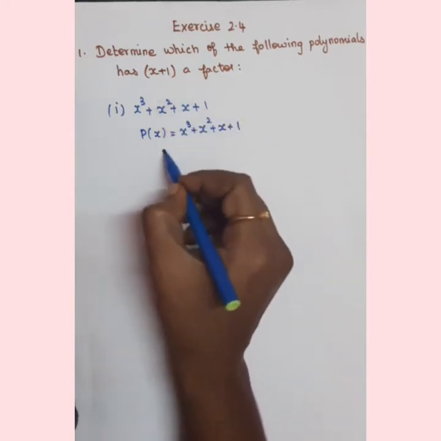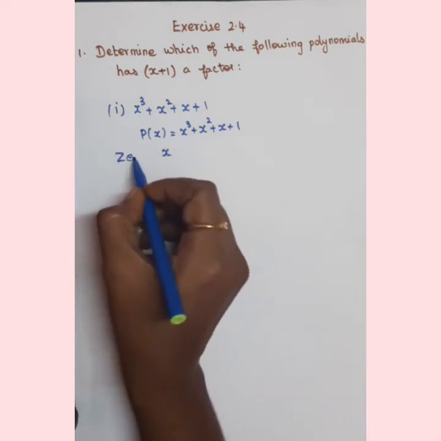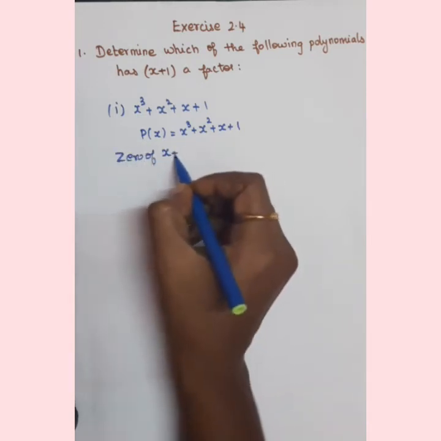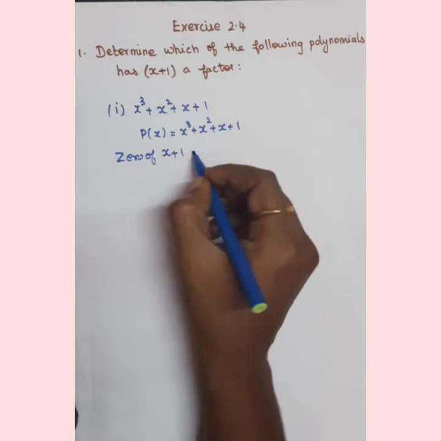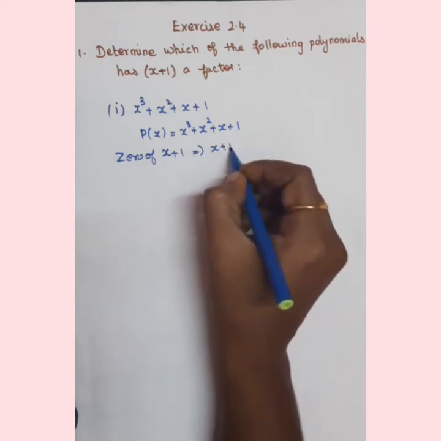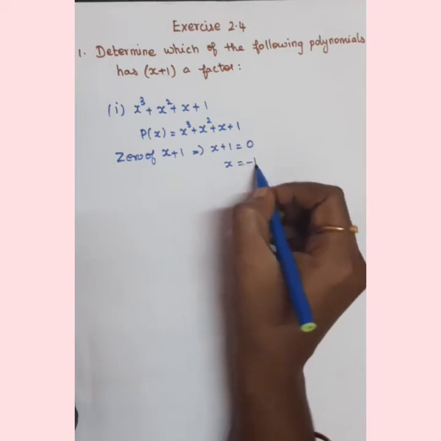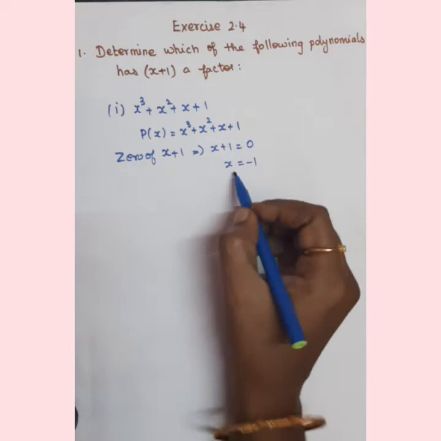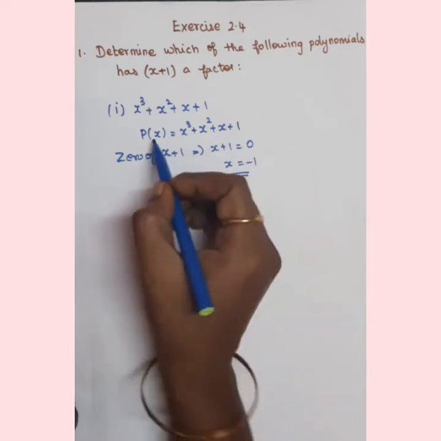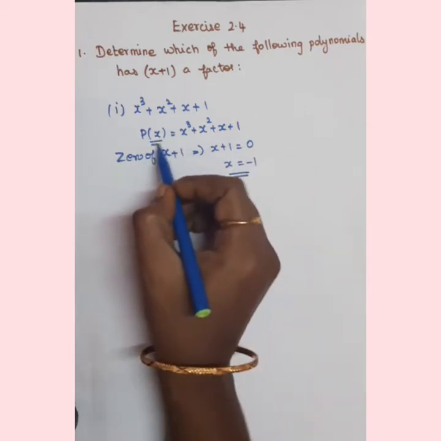Now we are going to find the zero of x plus 1, that is x plus 1 equals 0. Transposing 1 to the other side, we get x equals minus 1. Now we substitute this value in the place of x in p of x.